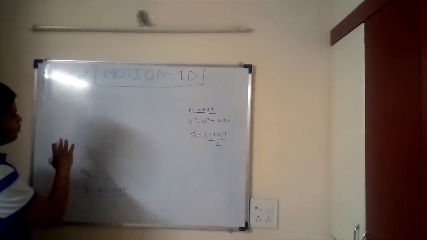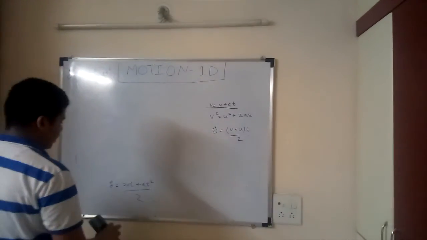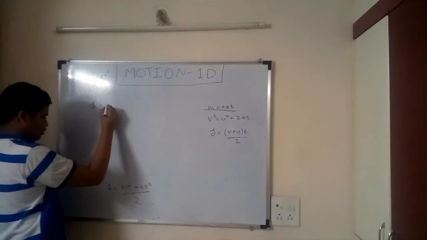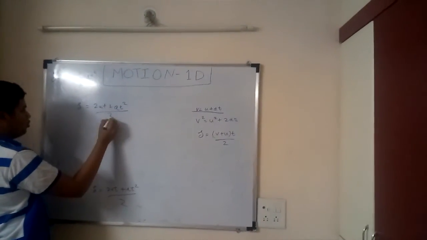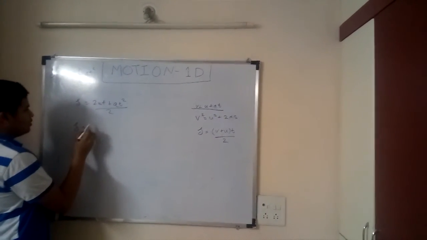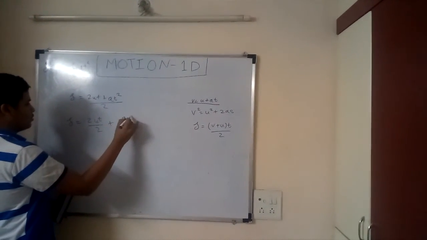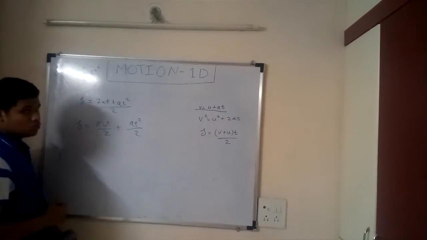I'm rubbing it, because you can just pause the video and note that down. I will just note this up here. Displacement is equal to ut plus at square upon 2. Okay. Now I'm going to separate this: 2ut upon 2 plus at square upon 2. 2 cancels.